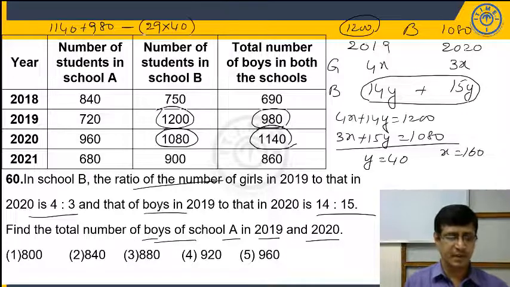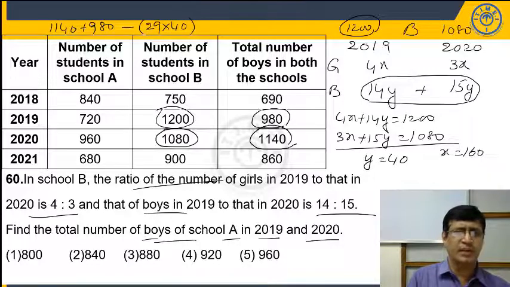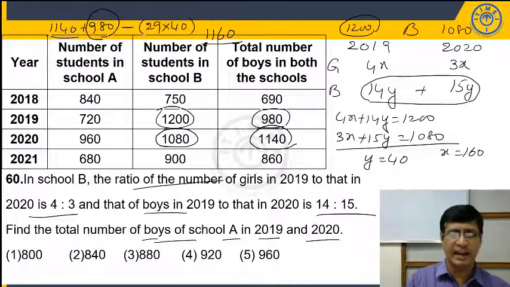What is the product of 29 and 40? It is 1160. Subtract 1160 from this one: 1140 minus 1160 means minus 20. Subtract 20 from 980, it will give 960.